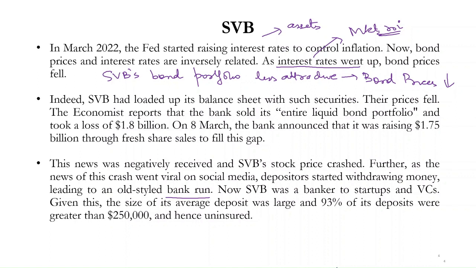The Federal Reserve System or the U.S. laws insure deposits up to $250,000, but in this case, most of the deposits were extremely large in value, and hence these were uninsured.